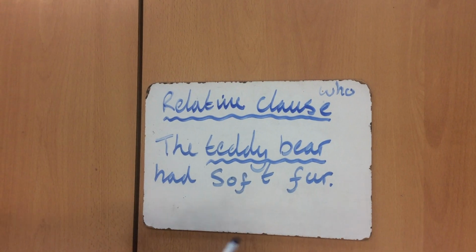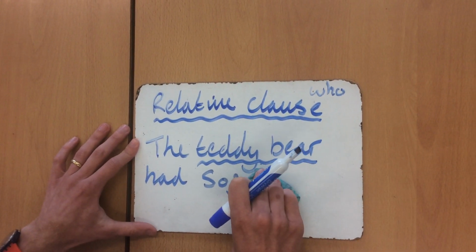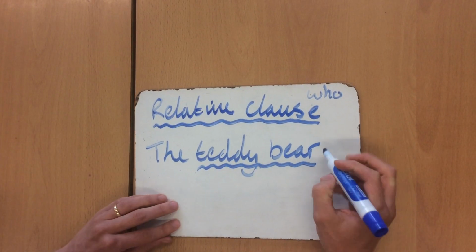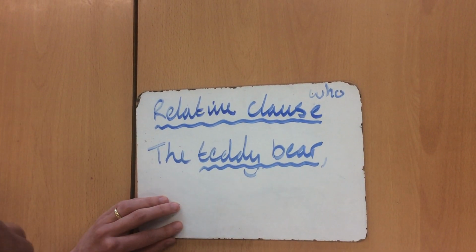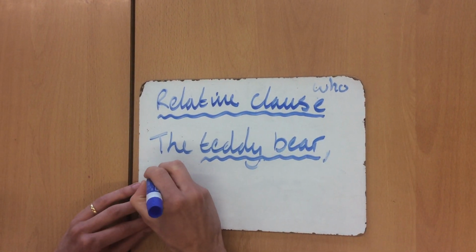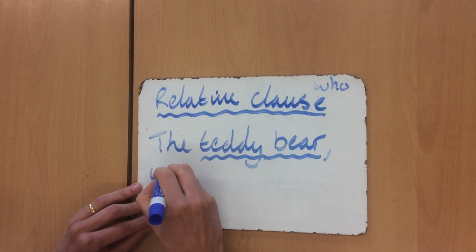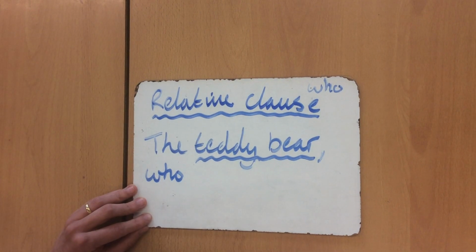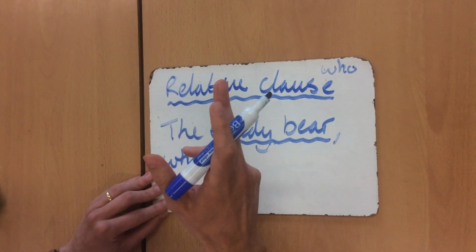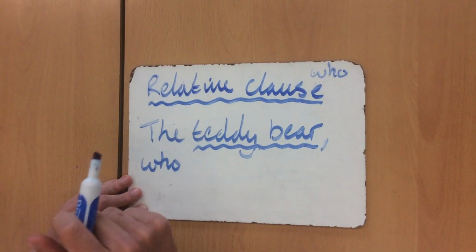So what I'm going to do, I'm just going to rub off the final bit of this sentence for now. I will add it again later because I'm going to insert a relative clause now. So I'm going to put a comma because I'm going to do some parentheses here. So the teddy bear, comma, start with a relative pronoun, who. Now that teddy bear from Good Morning Charlton, that teddy bear is always holding a ukulele.